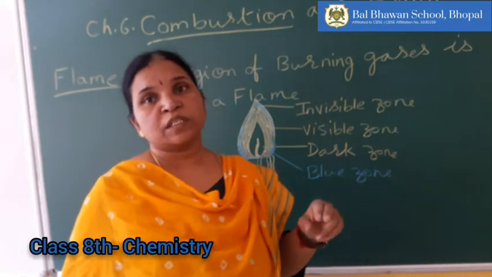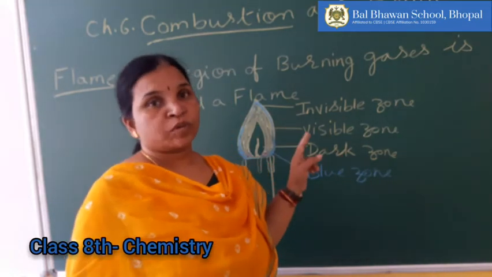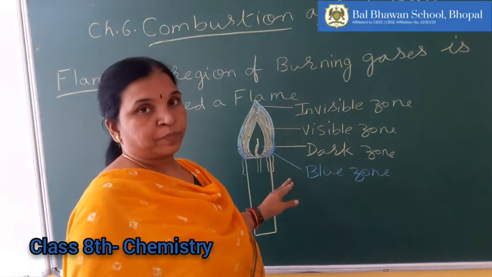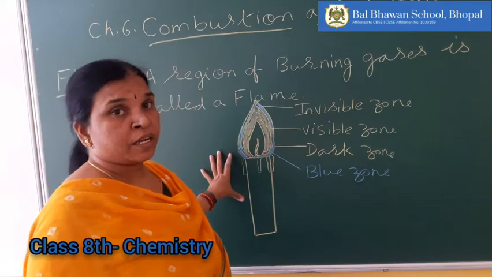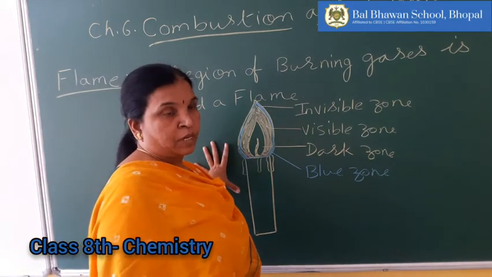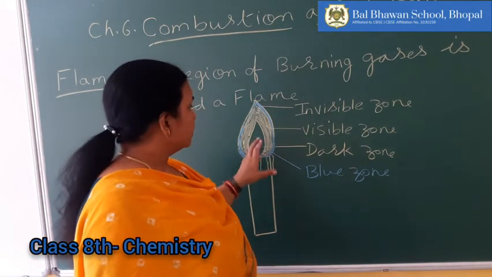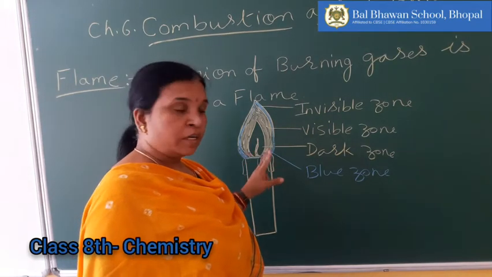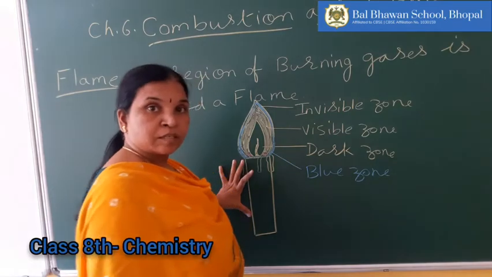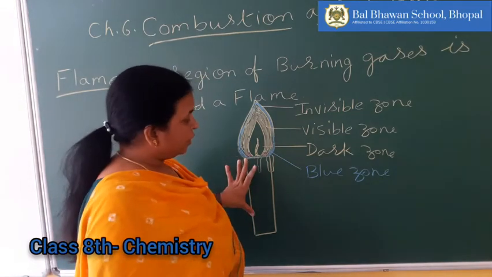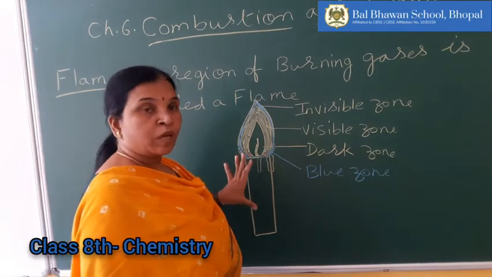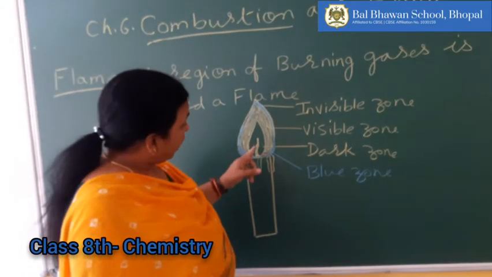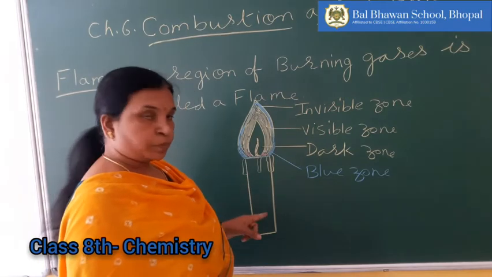So today we will be discussing details about the zones of flame. Here we are taking the example of a candle flame. When you light the candle, this is the candle wick made out of cotton, and this is the wax molded in a frame so that it gives the shape of a candle, and this wick is continuous.